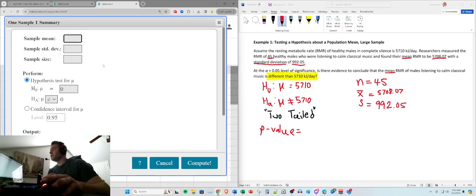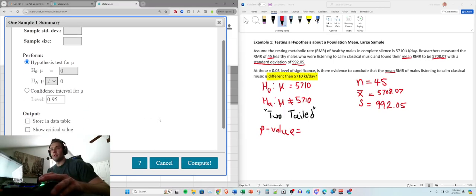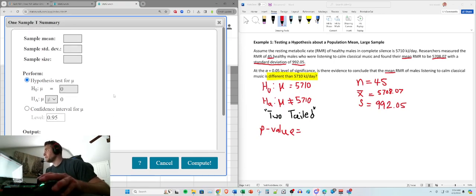It's very straightforward what it asks us to do here. Look on the left side of the screen. We'll put in our sample mean. We know that they got 5708.07. The sample standard deviation is s, so that's 992.05.